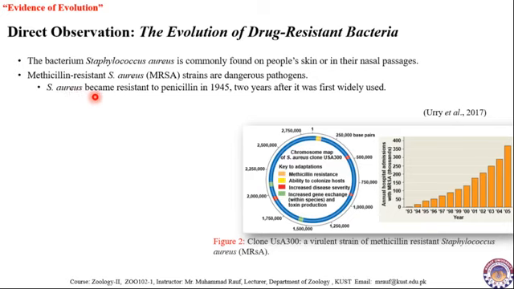Staphylococcus aureus became resistant to penicillin in 1945. Penicillin is the first antibiotic which was commercially available, and Staphylococcus aureus bacteria became resistant to it in 1945, 2 years after the commercial production of penicillin.